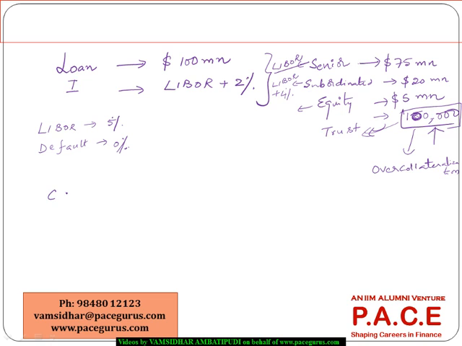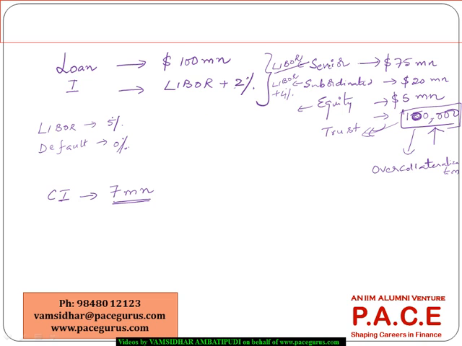If I'm looking at the cash inflow coming from the loans only in the form of the interest portion, 7% is the interest on 100 million. So 7 million is the typical cash inflow at this point from this loan.